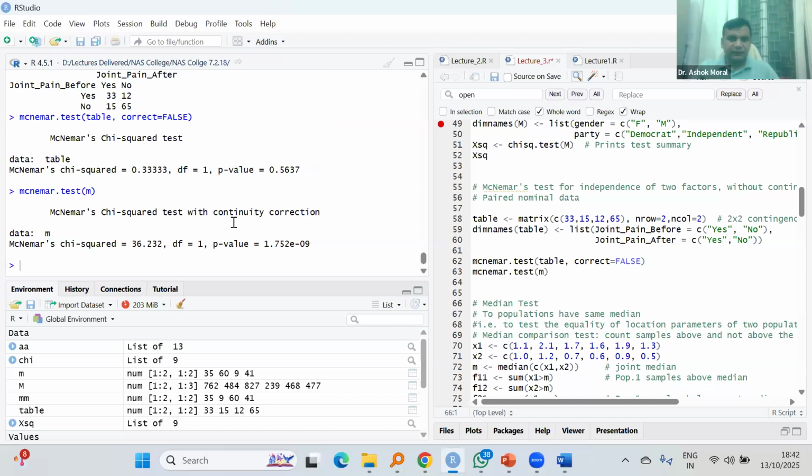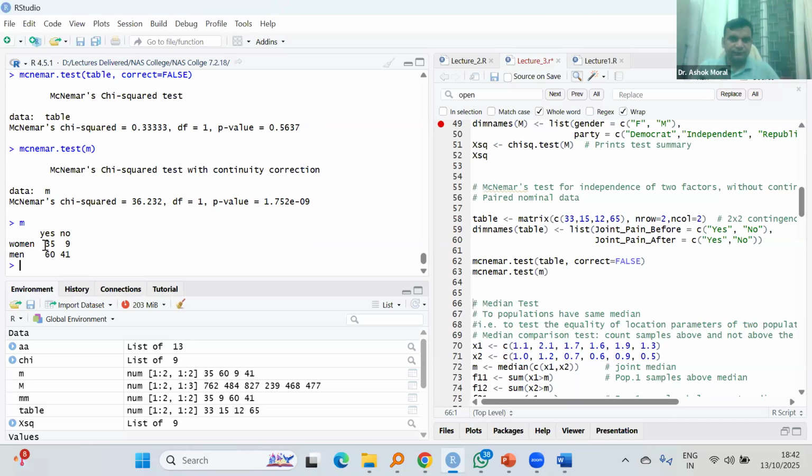Now it will also apply to the M that we calculated above. It will apply to this M also. Why? In this M, it is too close to a contingency table, but this test is not meant for this particular M. Why so?